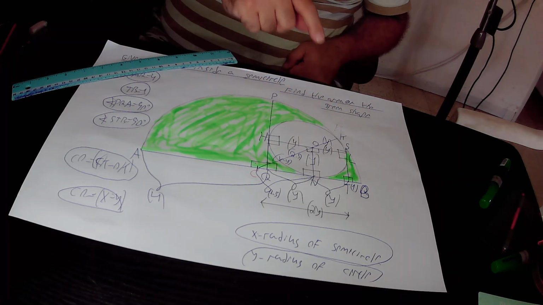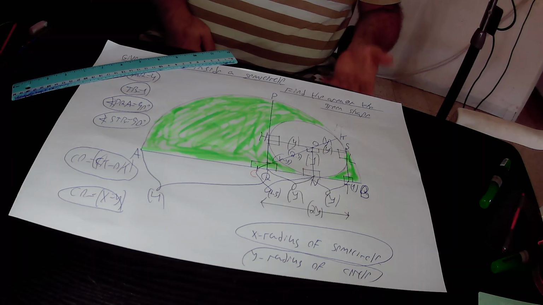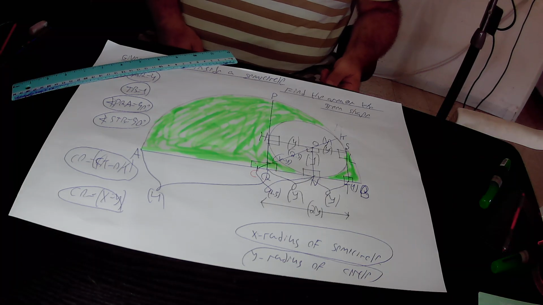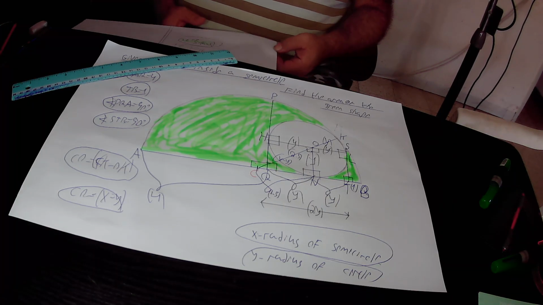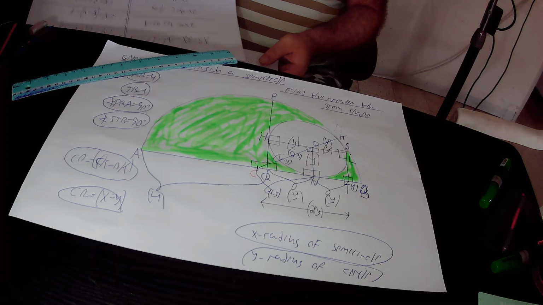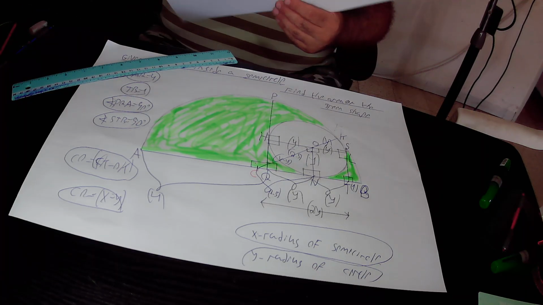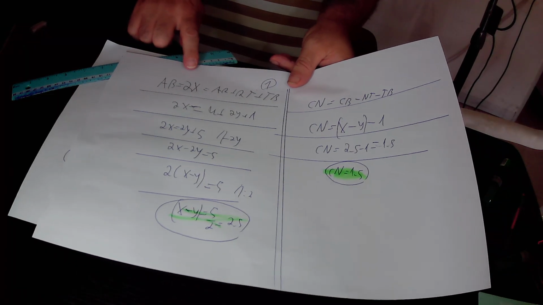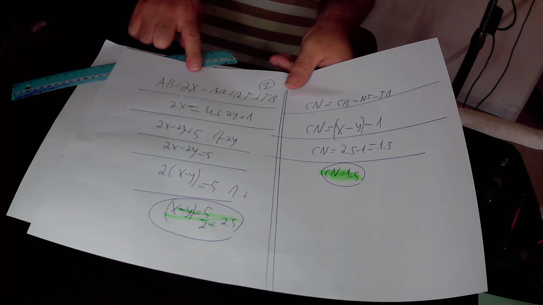AB is the diameter of the semicircle. The radius is x, therefore the diameter must be equal to 2x. So from one side, AB equals 2x.